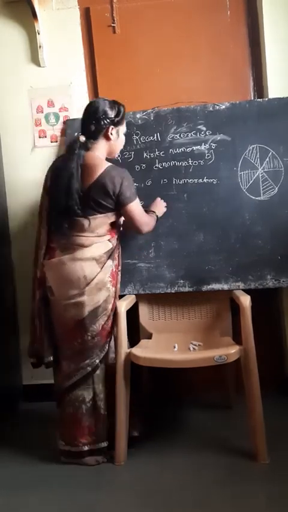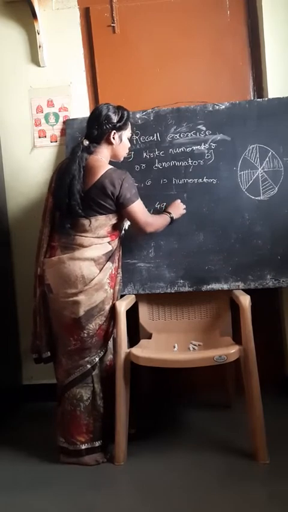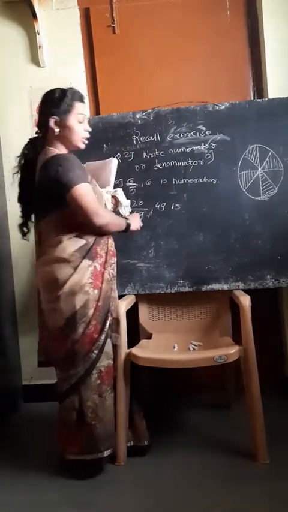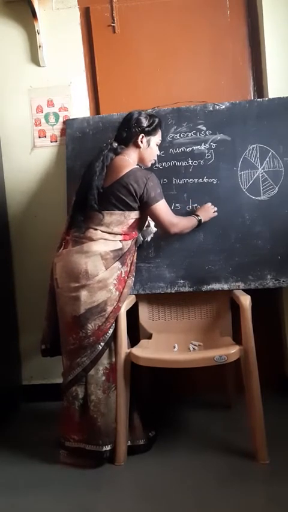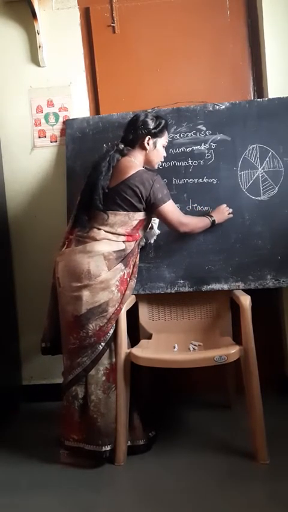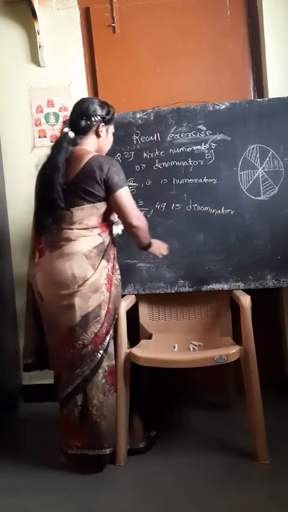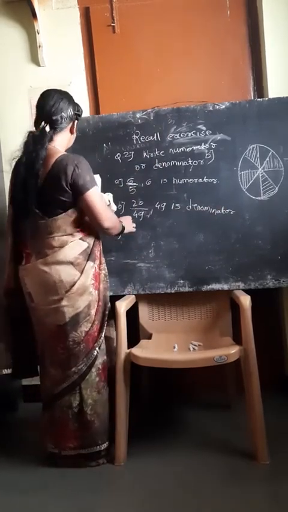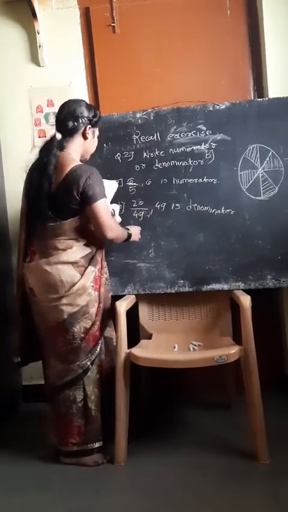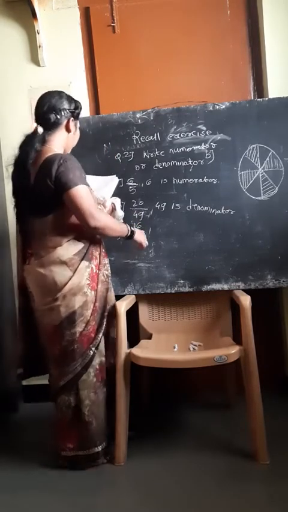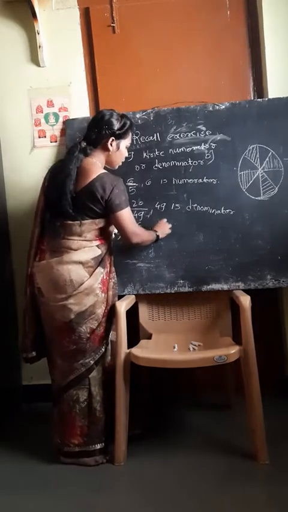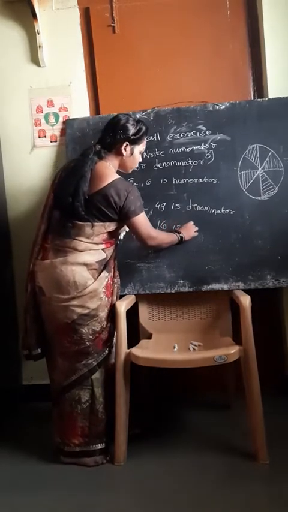Here 49 is the denominator. The third example is 16 upon 25. 16 is the numerator.